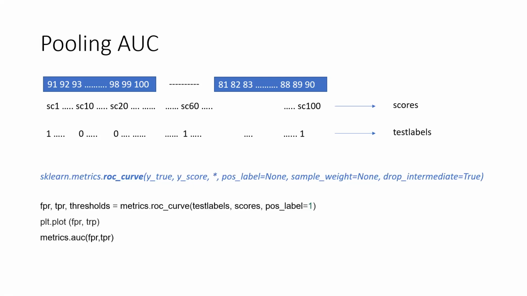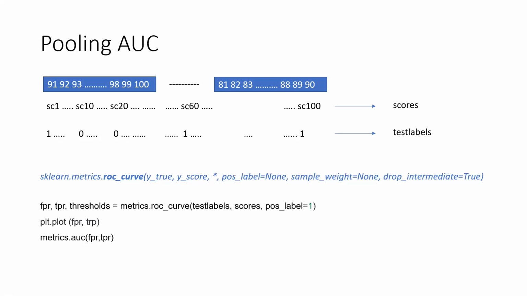In this example, I would just write these 3 lines of code, metrics.roc_curve, with all your test labels and all the scores. You have to pass the scores, not the labels or any other thing that you're calculating from the classifier. The scores, the probabilities, the confidence, reconstruction error, distances, all of those things are the scores.